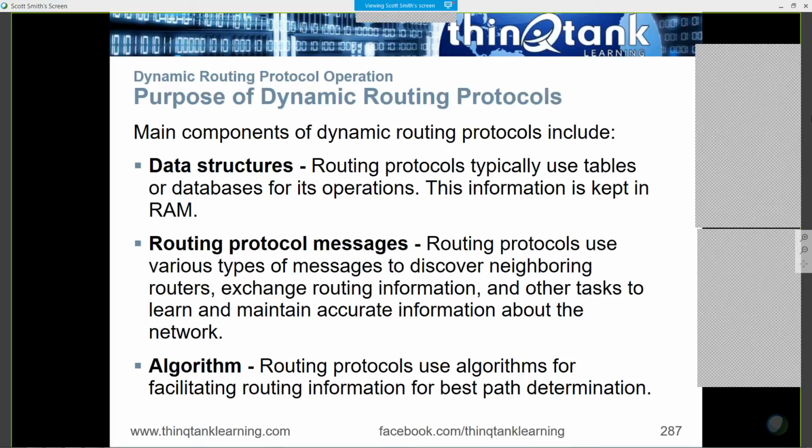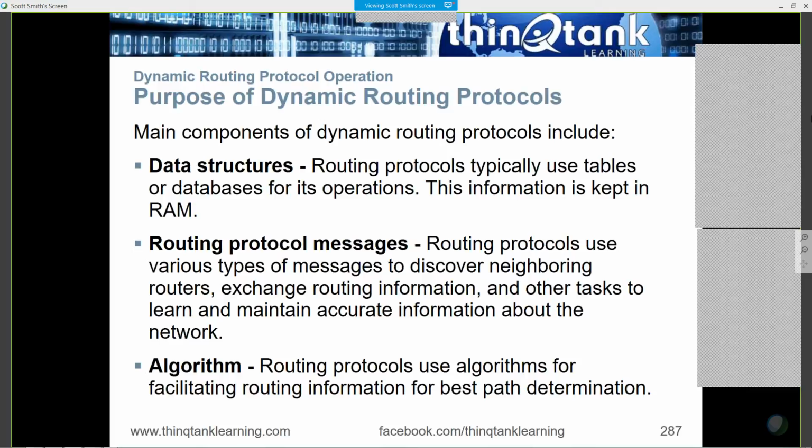So if you imagine the process, right? What's the process? I configure a dynamic protocol. The first thing I do is I figure out who I'm getting information from, which are my neighbors. The second thing I do is I get all the information that they know. That's my topology.